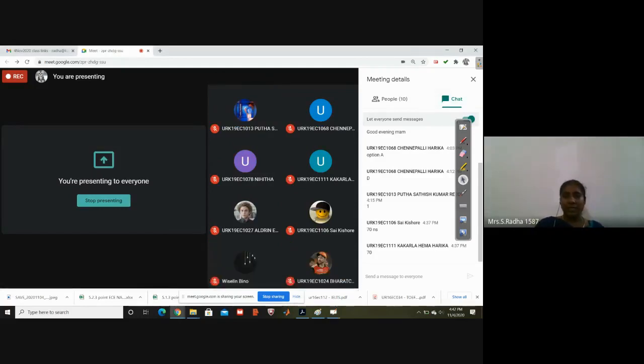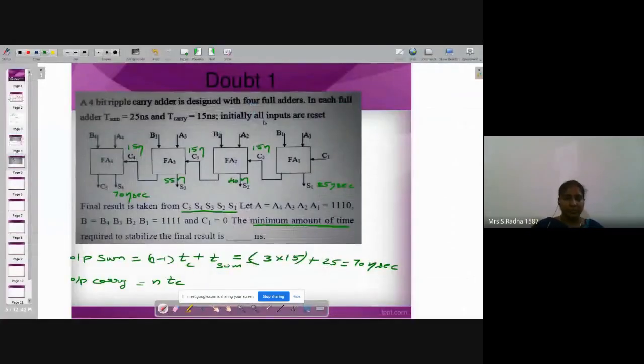If you see the calculation for carry, it is n times TC. There are 4 full adders, into 15 nanoseconds, so after 60 nanoseconds the output carry will come.